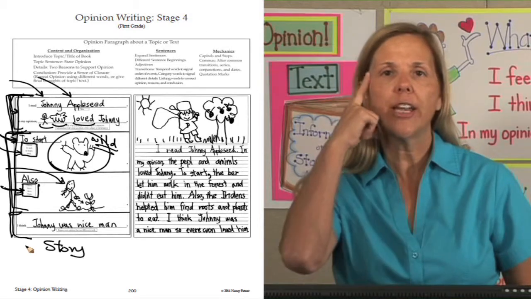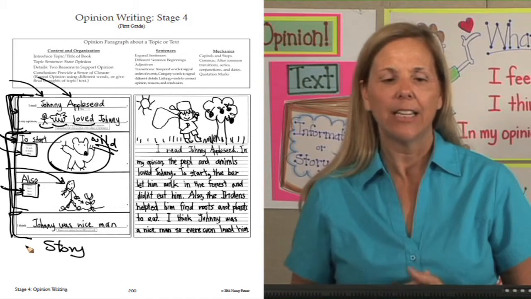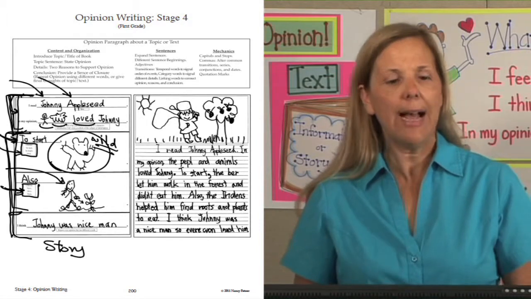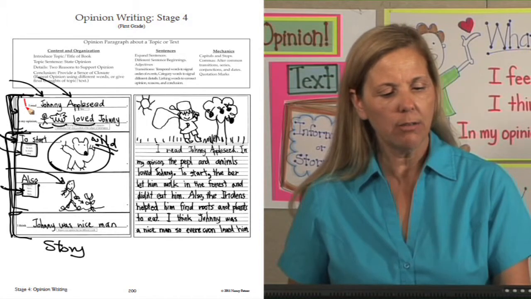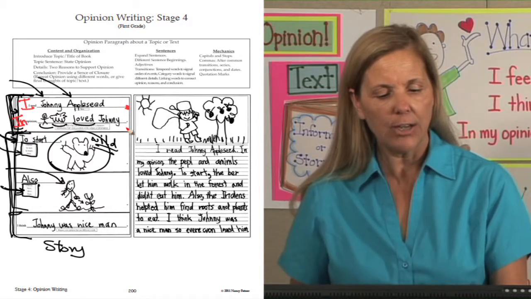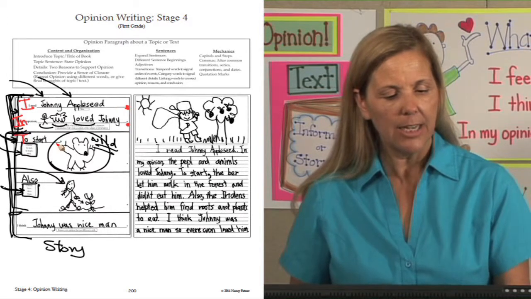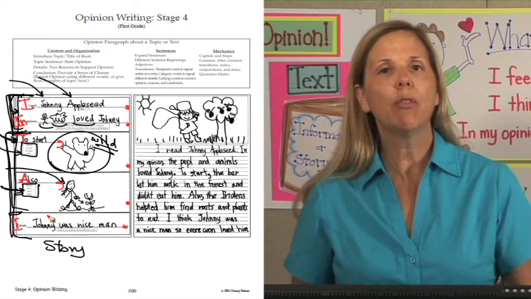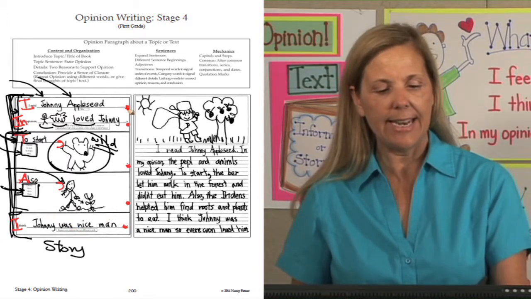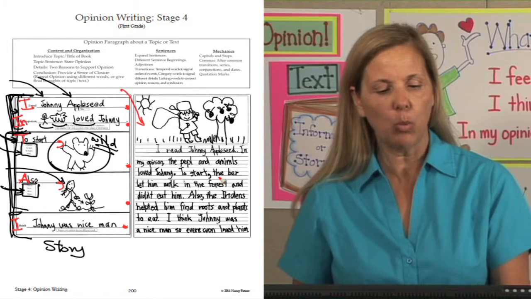I think Johnny was a nice man. The students orally rehearse that over and over again. You can go back, add your punctuation, make sure that you have your capitals and your periods in place, your commas. Once you have all those in place, you read it over and over again, and then as you can see, the students will write it out.